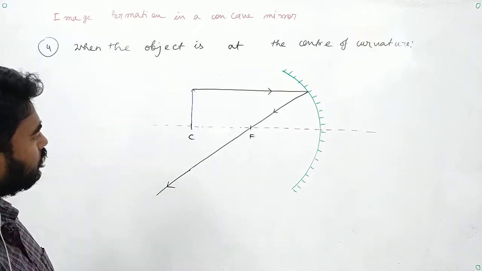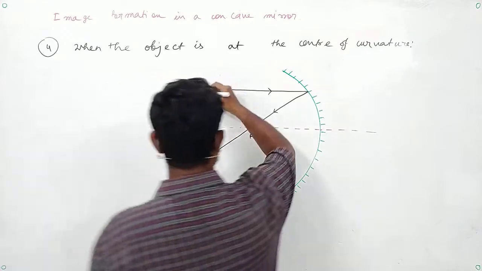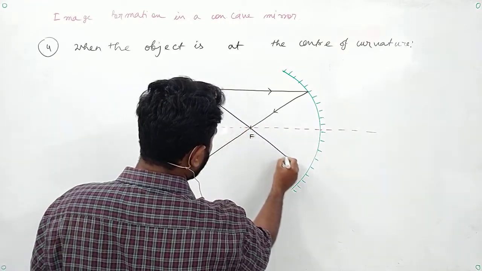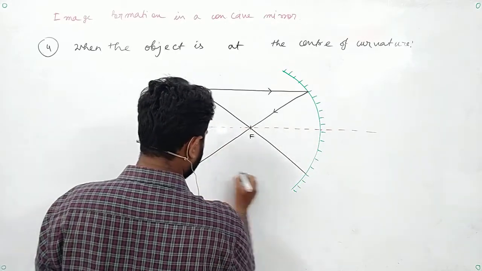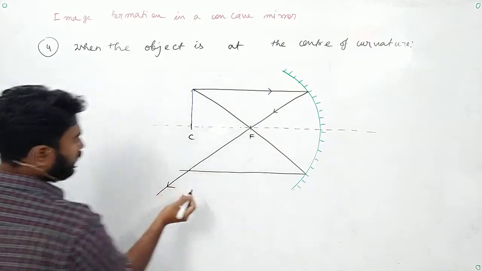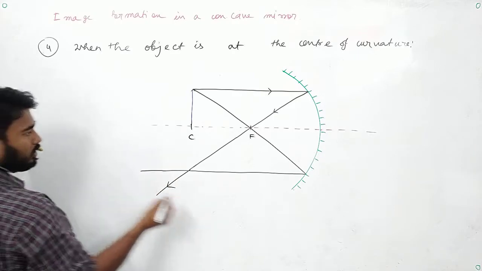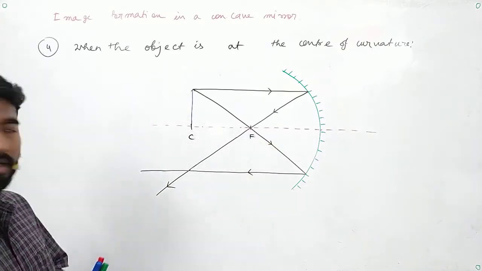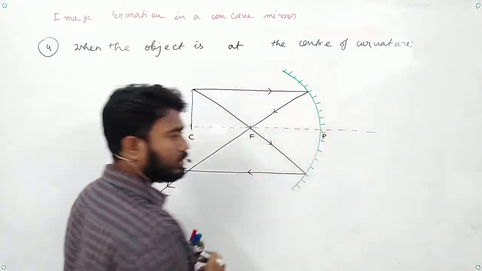Now when a ray of light comes and falls on the surface through the focus, it will reflect such that the ray will be parallel to the principal axis. CP is the principal axis.